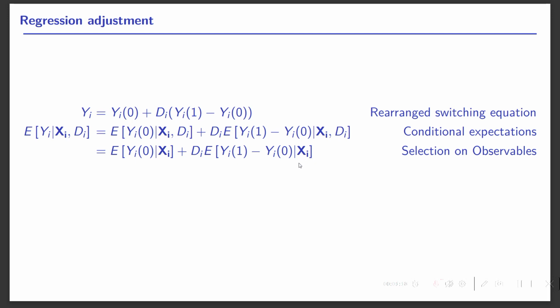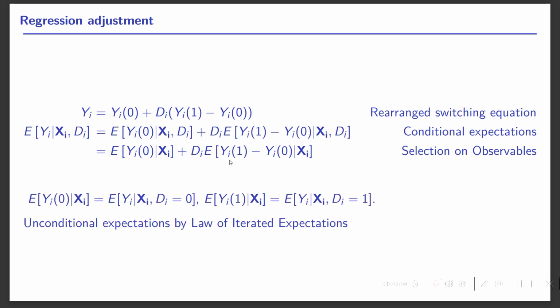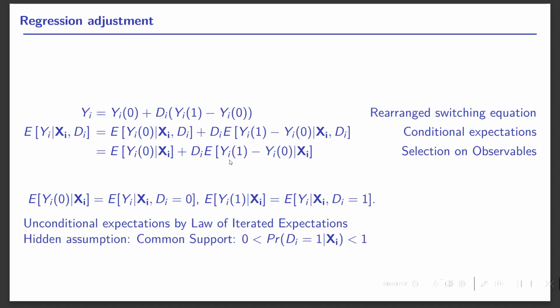Because if you look at this, this is pretty much a regression where yi naught is the intercept and di is the independent variable, and we've got the average treatment effect here. We can get the unconditional ATE by the law of iterated expectations. Now, there is a slightly hidden assumption here, which is that of common support. This assumption states that the propensity score must be strictly between 0 and 1 for all the covariates xi we have.